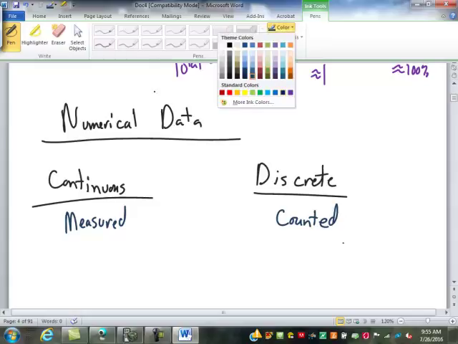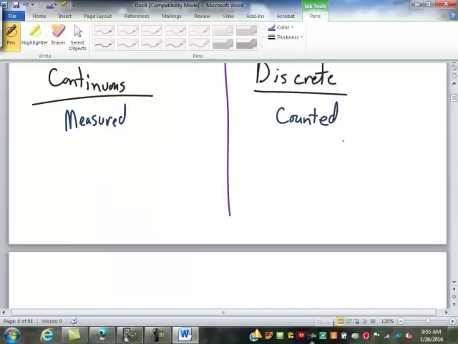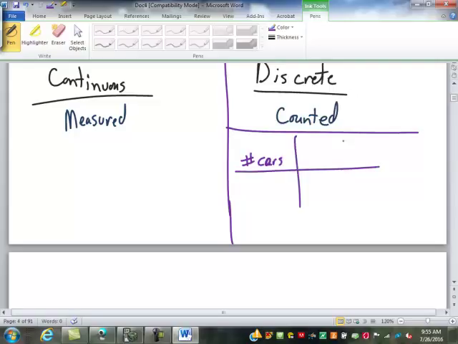Discrete data is the easiest to organize. If I'm trying to make a frequency table, let's say I'm going to list the number of cars that are sitting in your driveway and their frequency. Let's say some people have 0, 1, 2, and 3 cars. At this point, nobody that we surveyed had more than 3 cars.